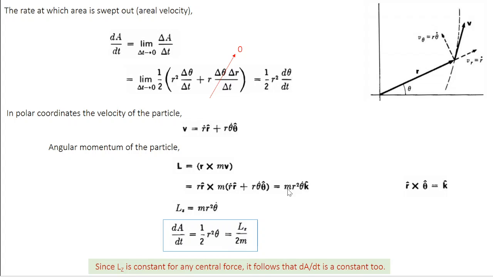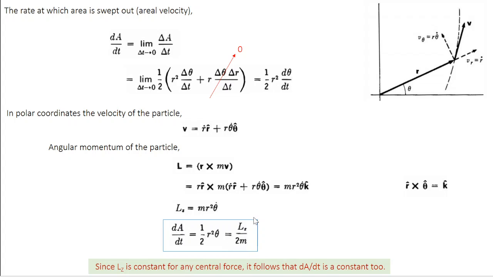Now let's rewrite dA by dt in terms of angular momentum. We know that dA by dt equals half r square theta dot, and from this expression I can write r square theta dot as Lz divided by m. So now I write dA by dt equal to Lz divided by 2m.